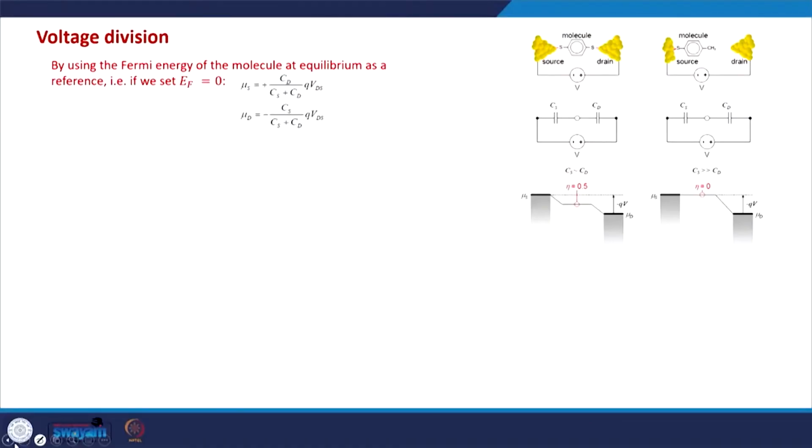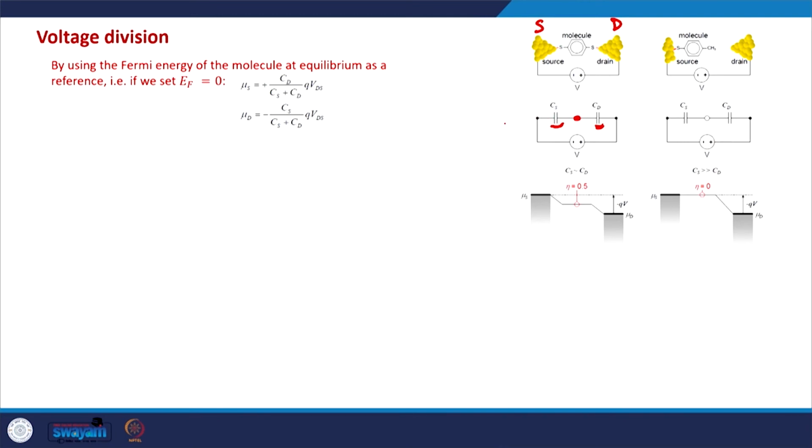So first we will try to understand where the voltage drops in this system. Generally, this is the source contact, this is the drain contact, and the contacts are modeled by capacitors. So the source contact is modeled by a source capacitor, and the drain contact is modeled by a drain capacitor, and in between we have the quantum dot system.